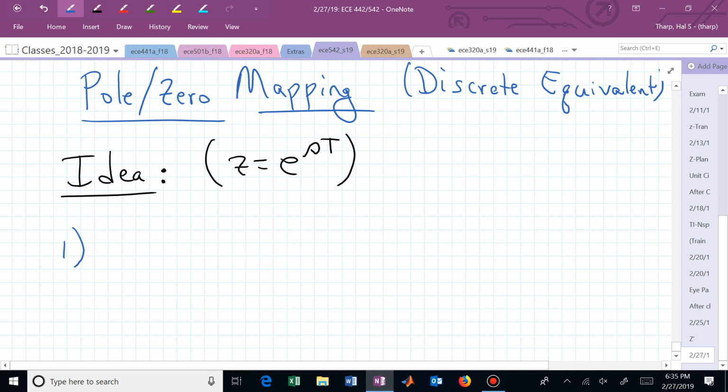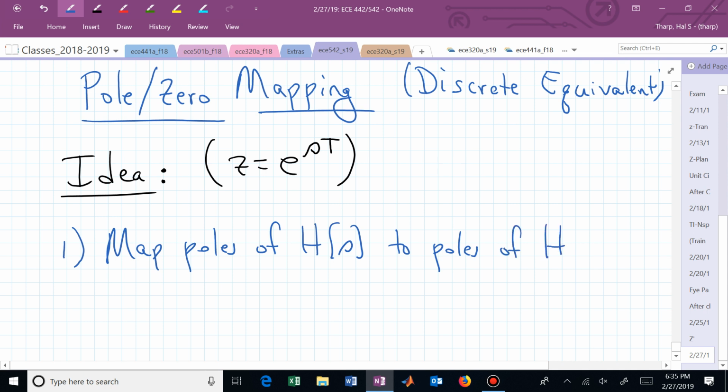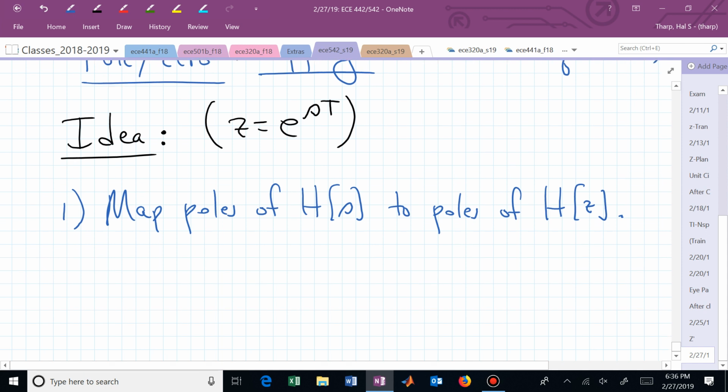The first step is we map poles of H of s to poles of H of z, and we do it using this relationship of z is equal to e to the sT. So if we had a pole at -6, we would find a pole factor in the z plane corresponding to z minus e to the -6T.